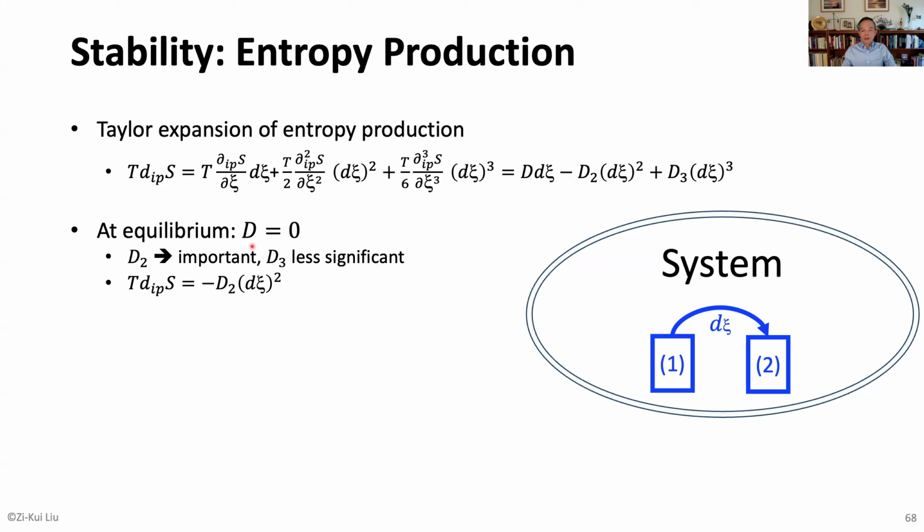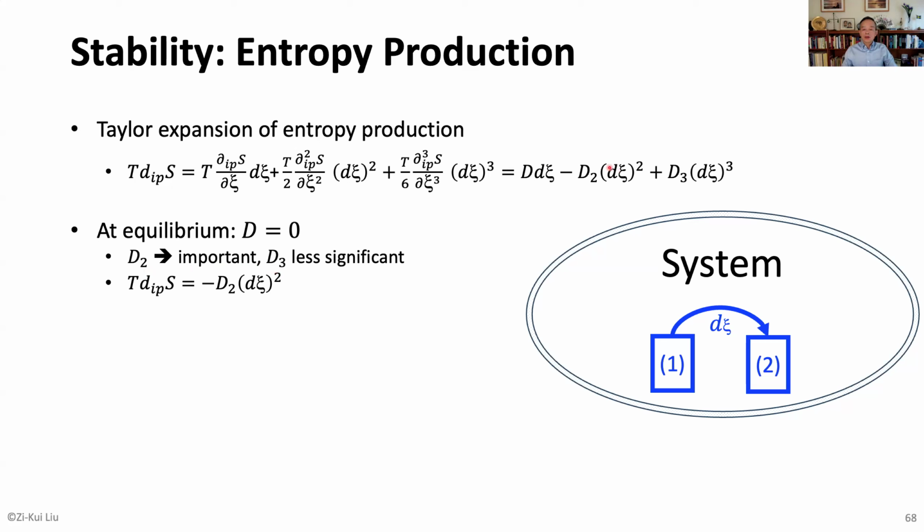So at equilibrium, d equal to 0, and d2 becomes important to determine whether entropy production is positive or negative. Because d3 is less significant unless d2 is equal to 0. That we can discuss in this lecture too.